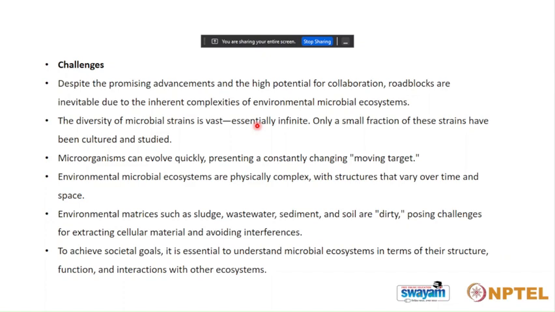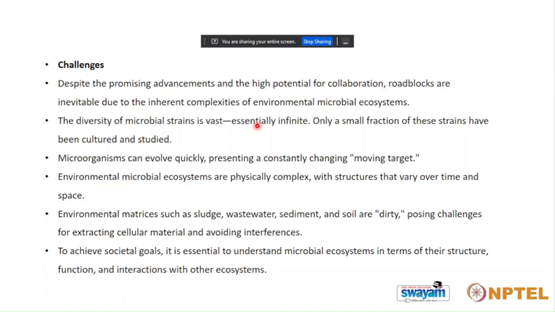If you want to study a particular microorganism and we extract the genome of an organism, that genome will change due to the evolution of the microorganisms. So even if you study the genome of a particular organism, it will be of no use after some point of time. That is one of the problems in studying the microbial communities.